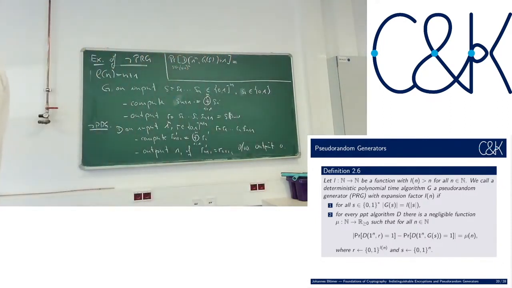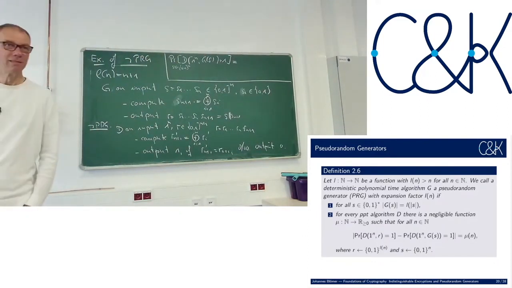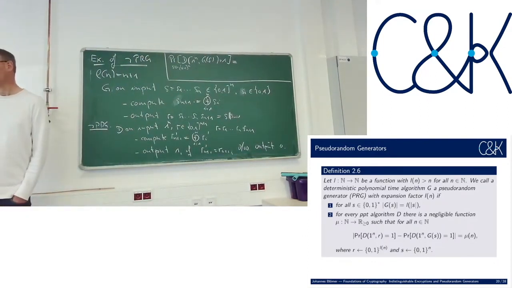Yes, because we can always decide whether it's computed by the function g. Basically, if we input a number from g, we always have the right output, and then the probability is 1.